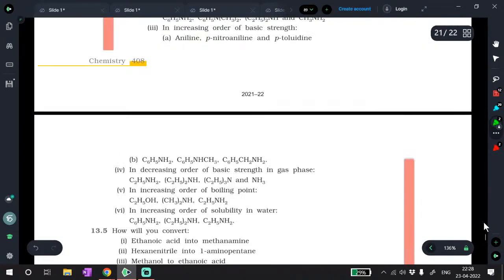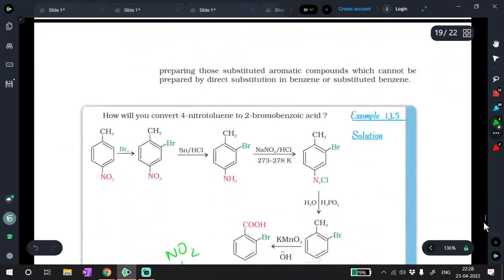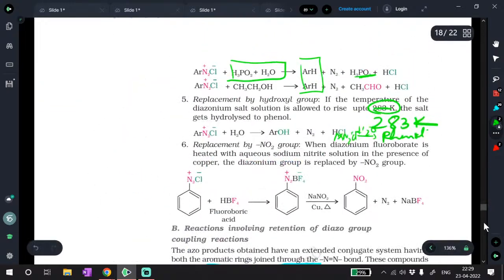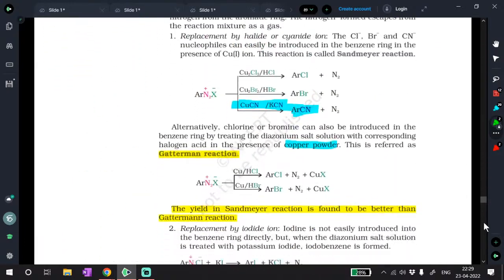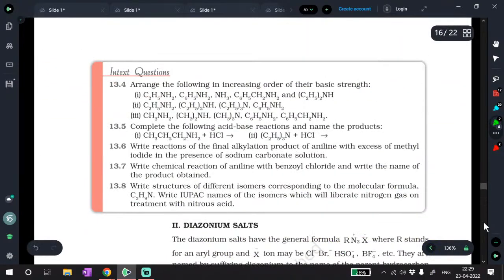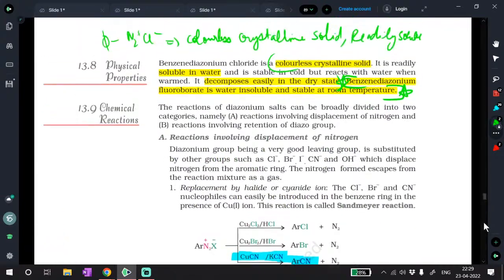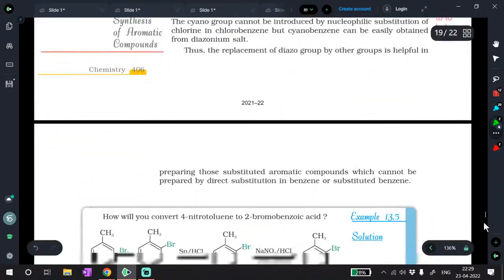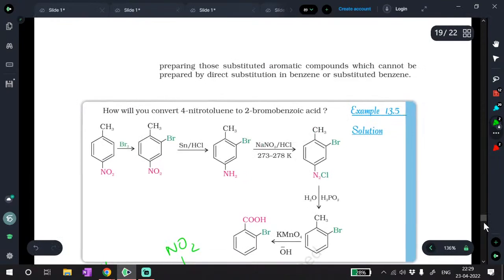So this reaction is like this: how do you convert NH2 to NO2? First, you convert it to benzene diazonium chloride. First you react it with HNO2 plus HCl, you get the N2+Cl-, and then you convert it into NO2.